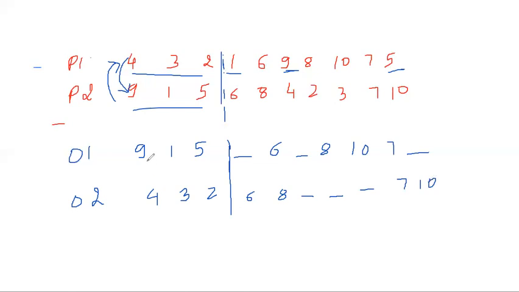Now if I see 9 and 4, they are actually exchanged. So I will see corresponding to this position of 9, what is the corresponding element in my P2? It was 4. So I replace it by 4. So this was a direct exchange which was very easy.